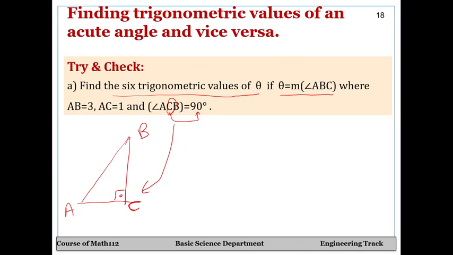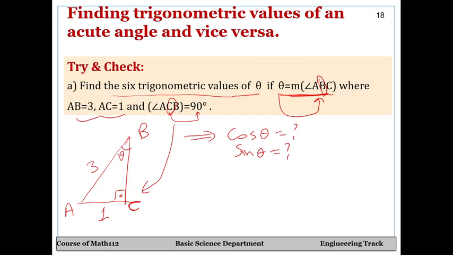AB is 3 and AC is 1. These are given. And theta corresponds to the B corner, so it's just theta here. Then it's asking for the trigonometric values of sine theta and the others.